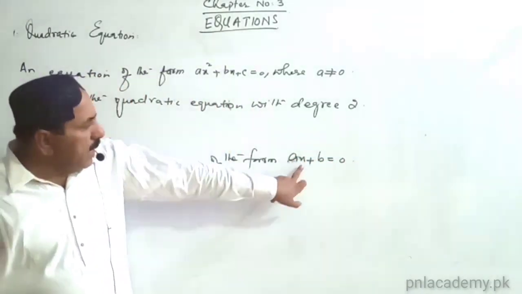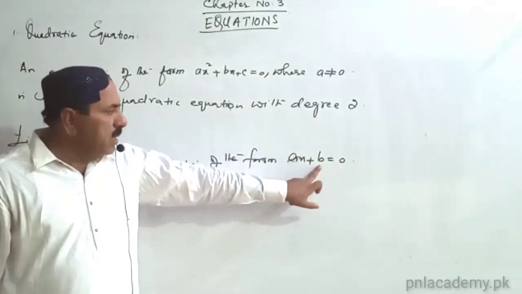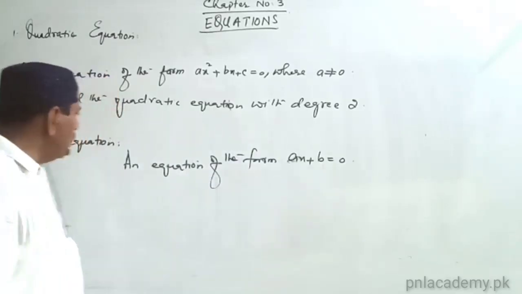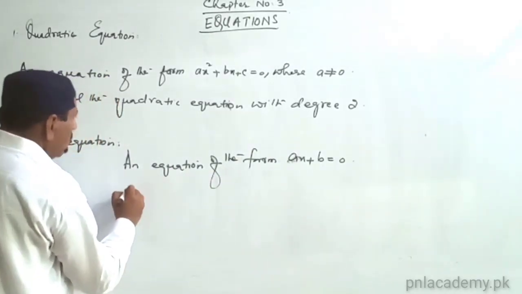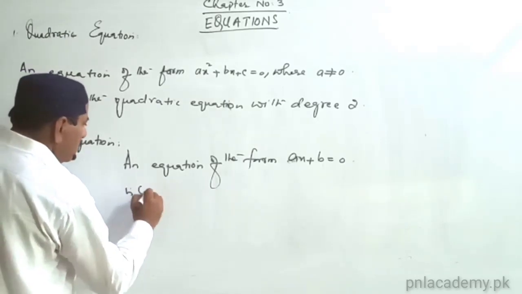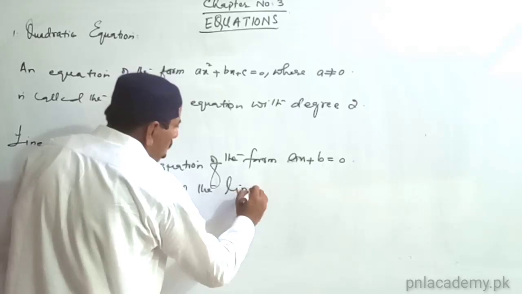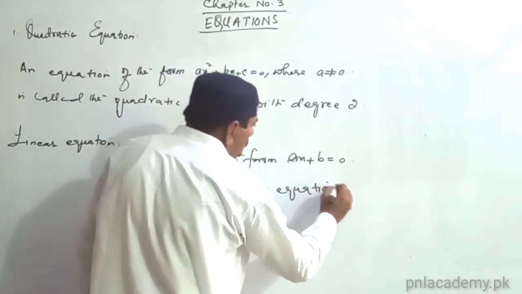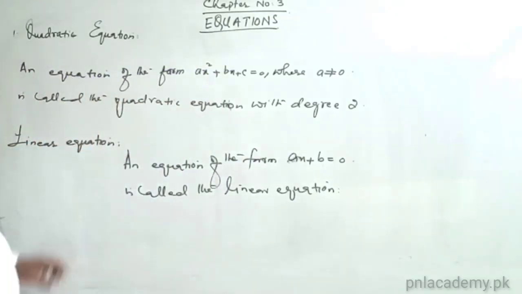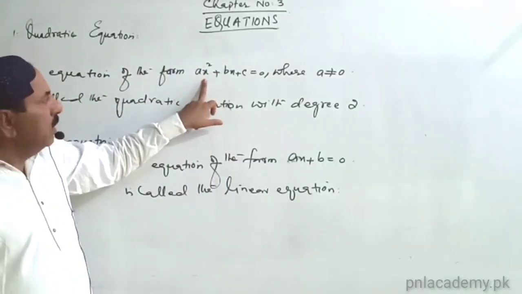Here there is the involvement of a 1 degree variable, ax with power 1, plus constant term b is equal to 0. An equation of the form ax plus b is called the linear equation.